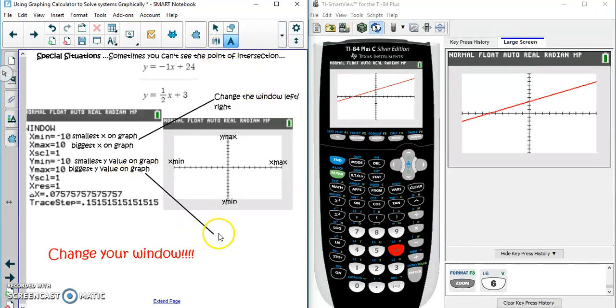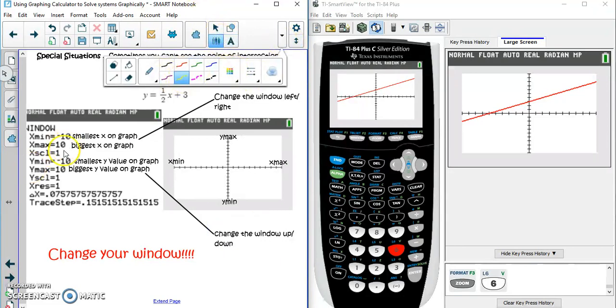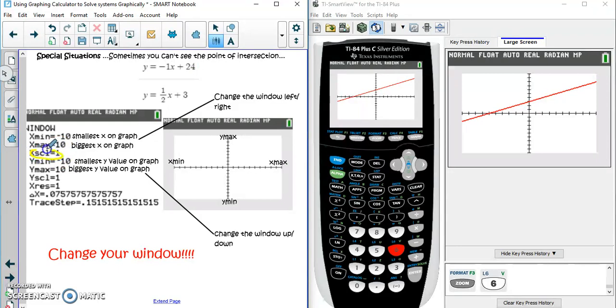So we can change the y minimum and y maximum to change the window up and down. Now there's a few things to be clear about. X scale and Y scale are how much you want to count the tick marks by. When we're doing these, those are usually not important.